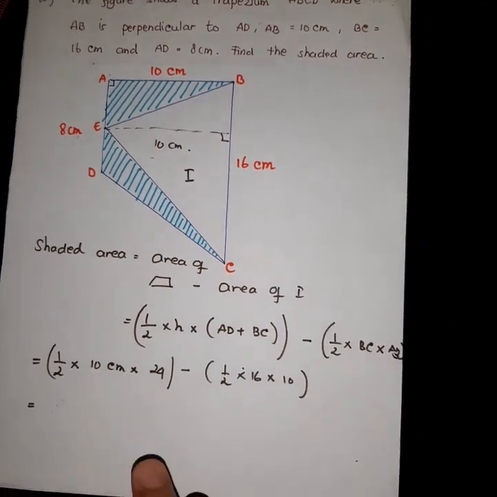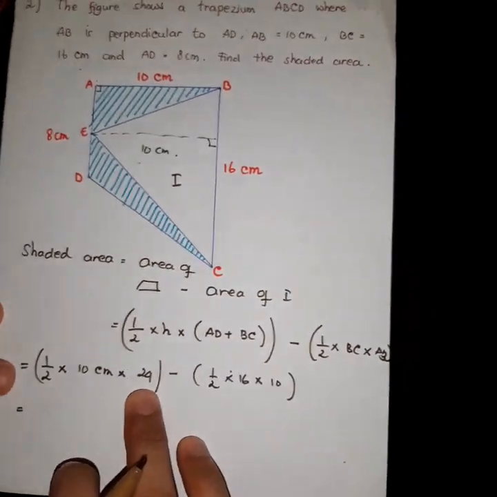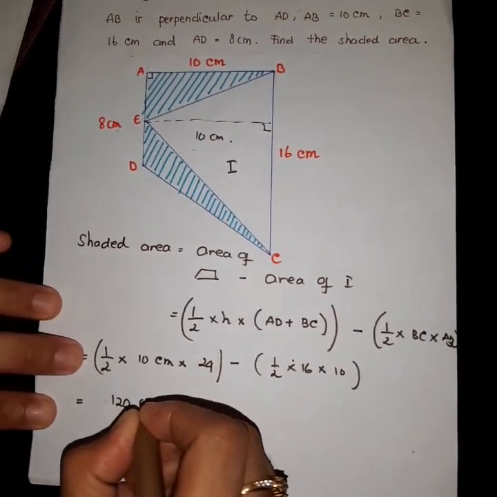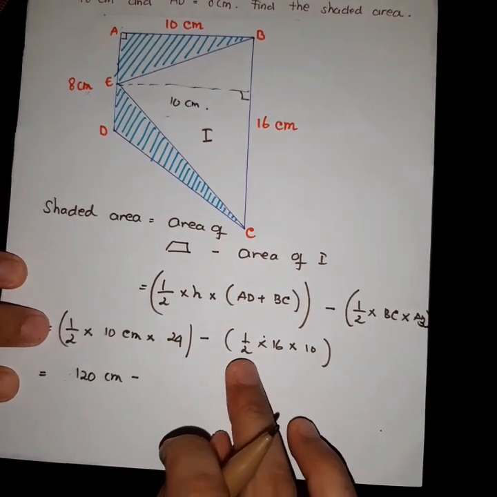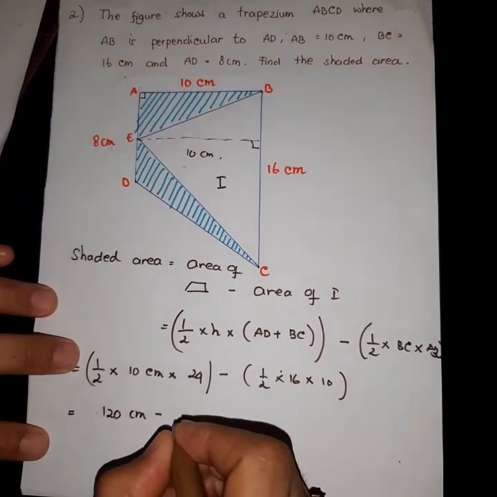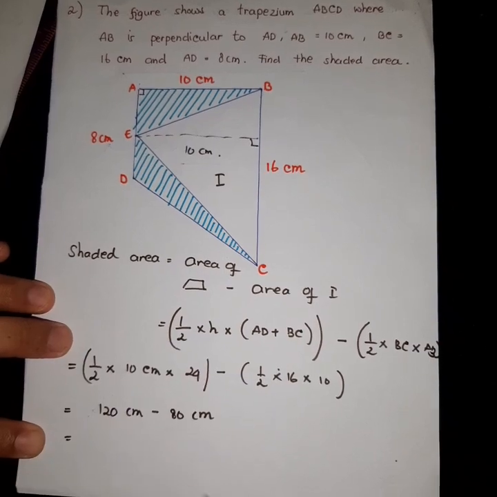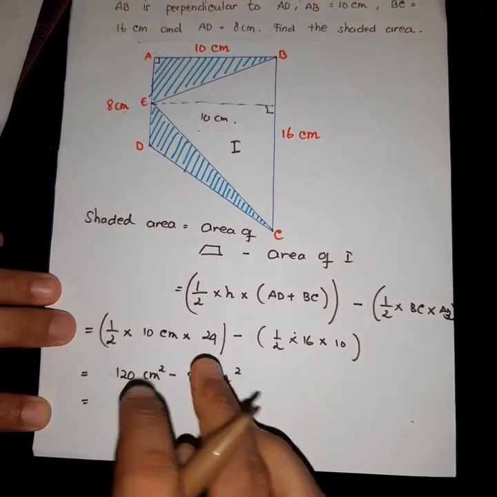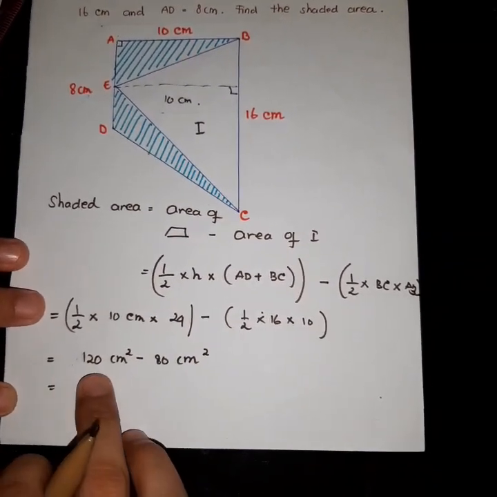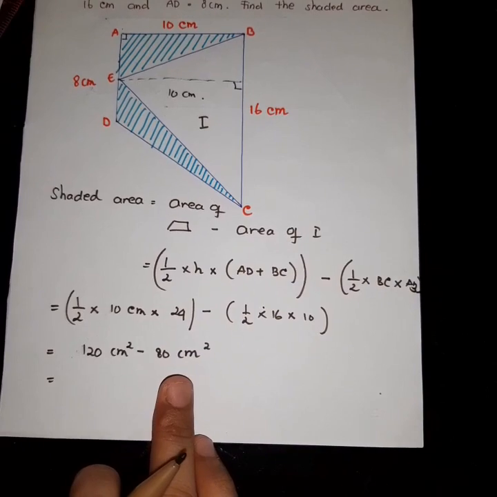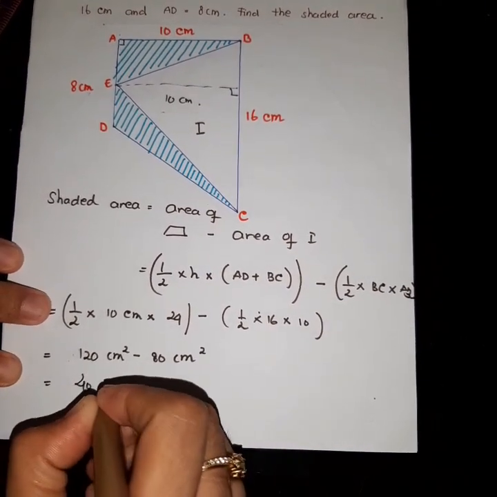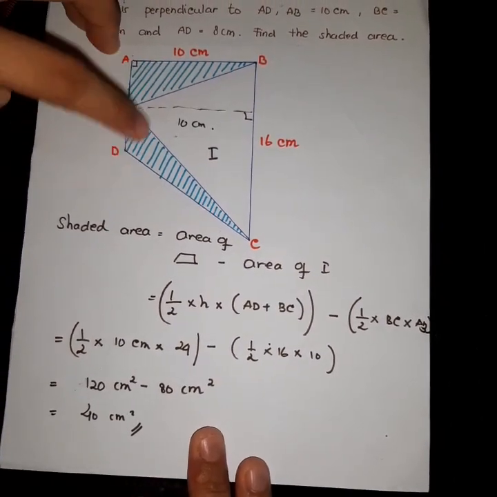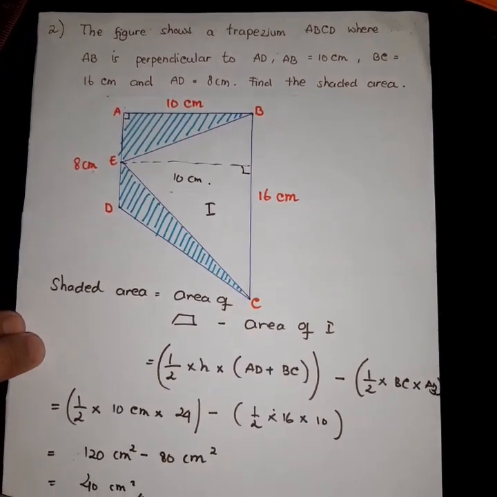So here we have 24 divided by 2, which is 12, so 120 centimeters, minus 16 divided by 2, which is 8, times 10, which is 80 centimeters. Oh, it is in square already because we already found the area of both. So 120 square centimeters minus 80 square centimeters will be 40 square centimeters. So the area of the shaded part is 40 square centimeters.